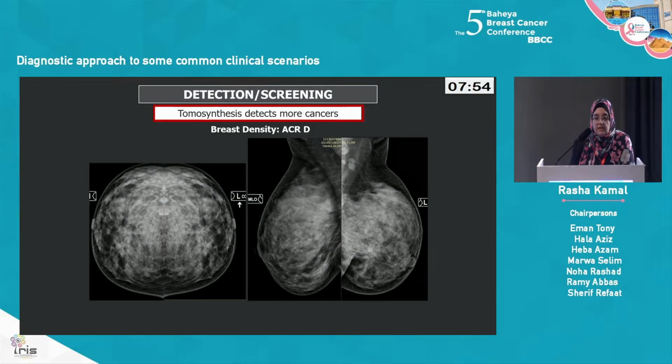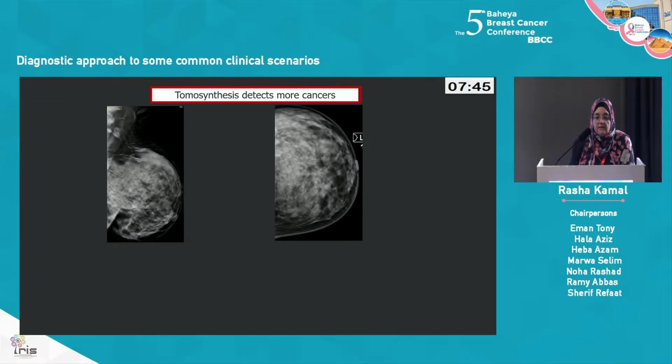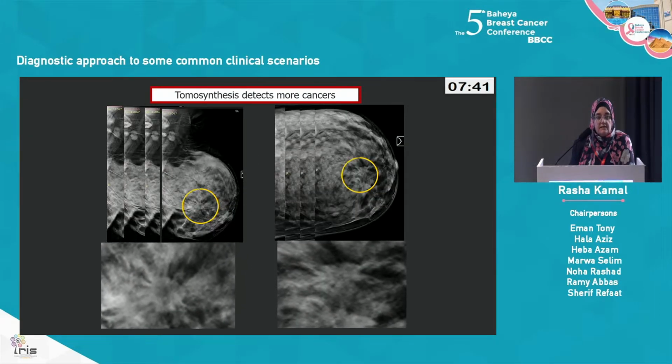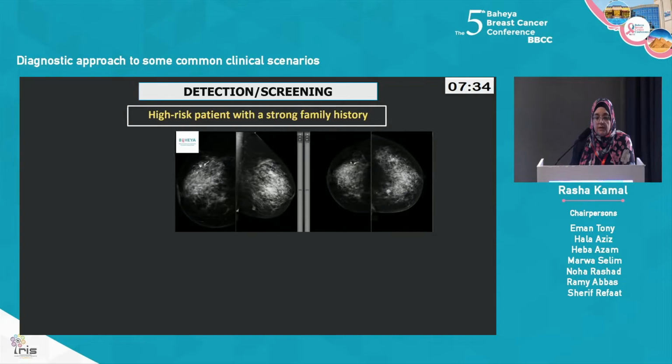This is another case. The breast density is classified as ACR D. We thought at first that it was a normal dense breast, but when we did the tomosynthesis, going through the slices, in one slice we identified this subtle spiculated mass lesion, and again it turned out to be an invasive duct carcinoma. This is another high-risk individual.